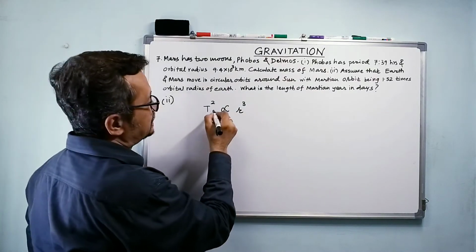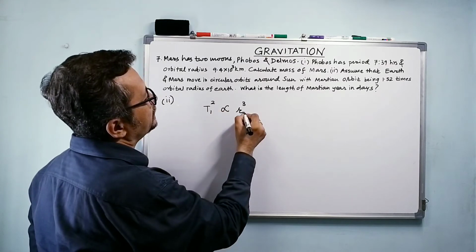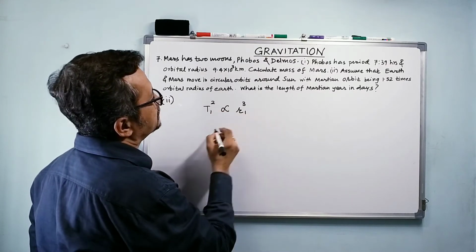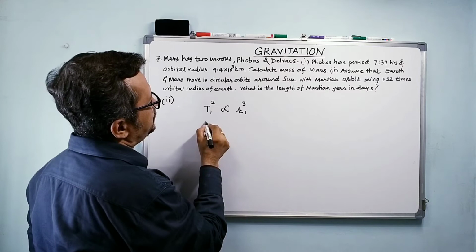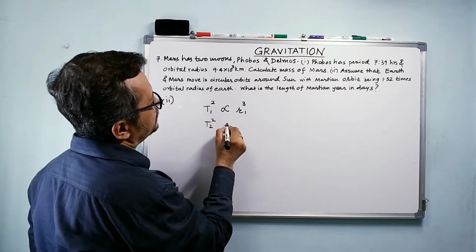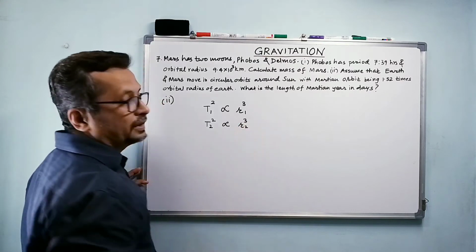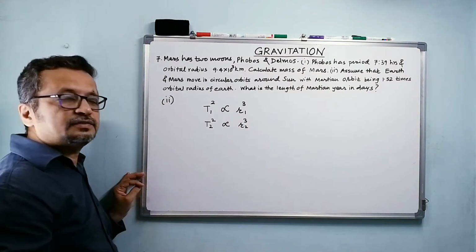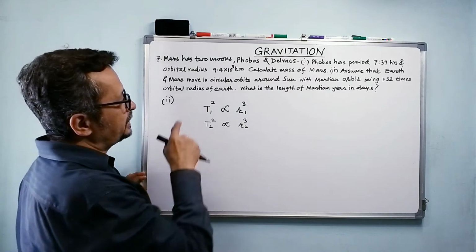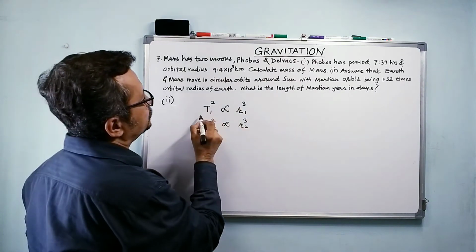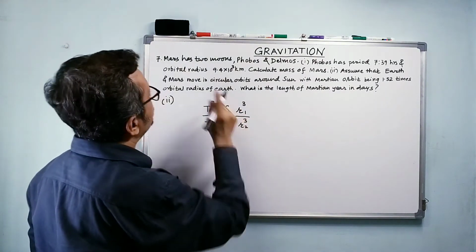Correct. Now suppose the time period of Mars is t1, and the radius of the Martian orbit is r1. So similarly t2 square is proportional to r2 cube. This suffix 2 is for Earth, and then if I take the ratio of these two, what happens?